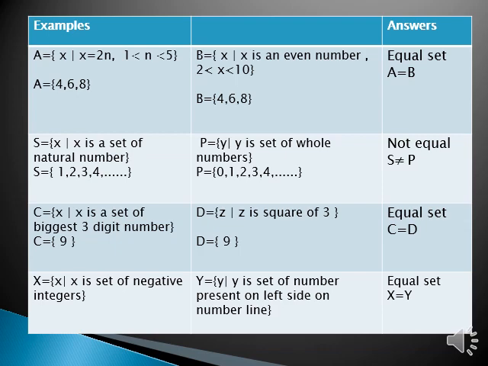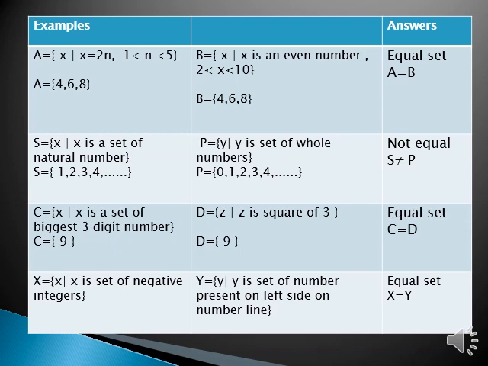Now next, S is a set of x elements such that x is a natural number. Now a set of natural numbers is an infinite set. Thus the set S will be 1, 2, 3, 4 and so on. Now P is a set of y elements such that y is a whole number.